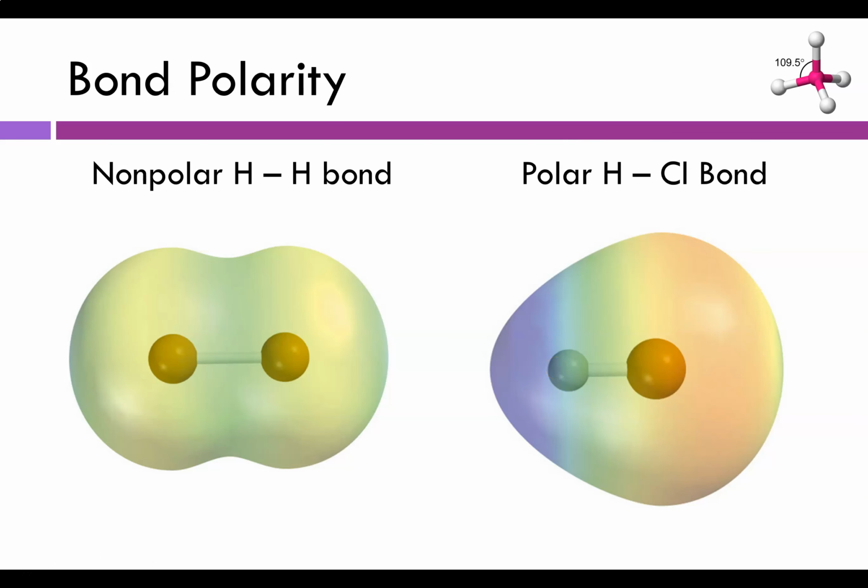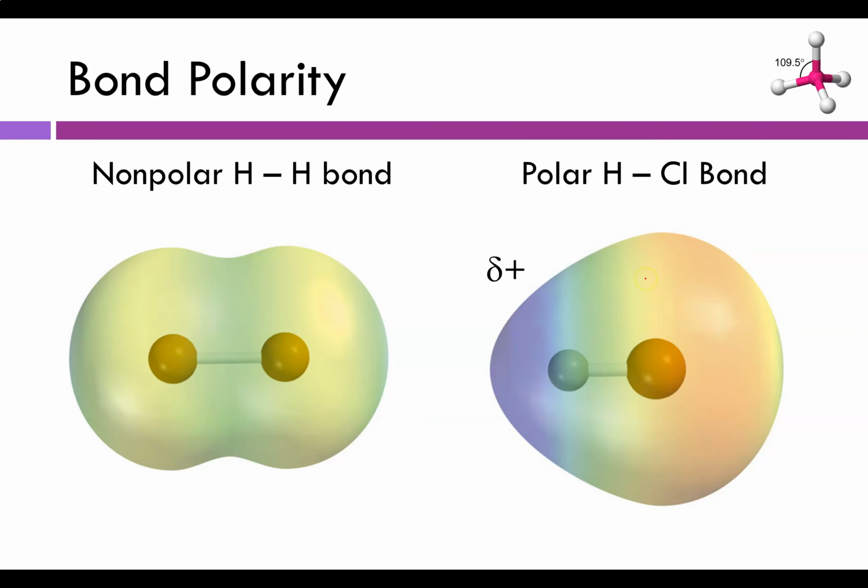This leads to partial charges. So from the reading, you might have come across this lowercase delta symbol. Looks like a little music note. Because the electrons are being pulled away from hydrogen, that's going to leave hydrogen to be a little bit positive. You can kind of think of that delta symbol as meaning just that, a little bit or slightly positive.